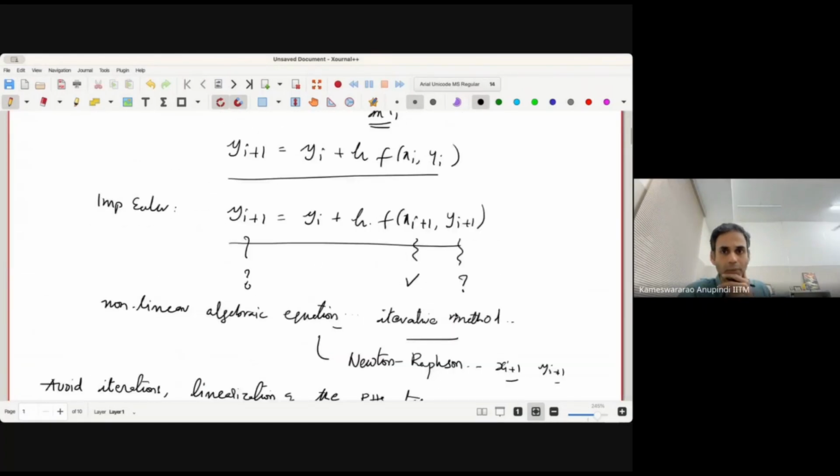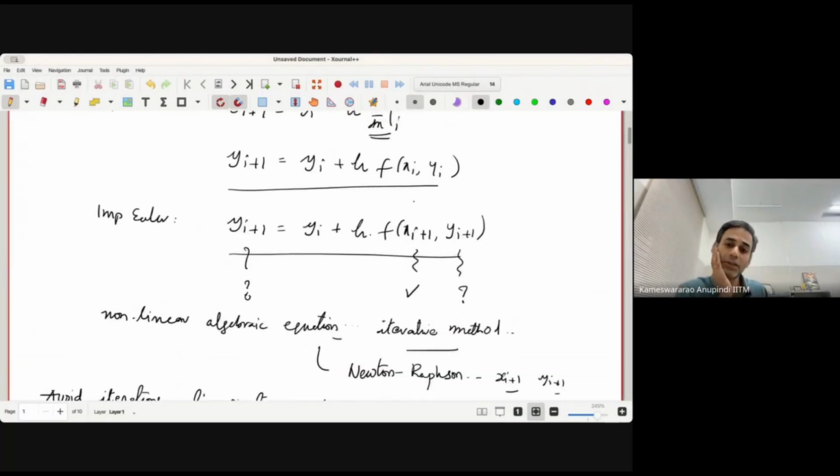What would happen if this were linear instead of nonlinear? Then it is much easier, right? Because y_{i+1} comes out simply as a y_{i+1} term, and that can be taken to the left hand side and then added to this value, and then you could just solve it because it is now a linear equation.